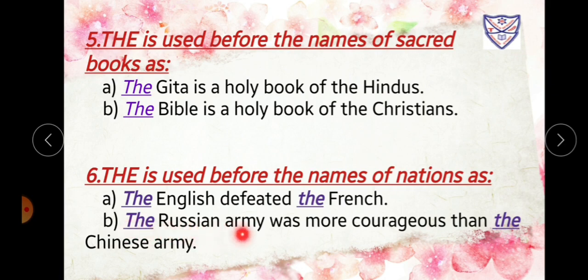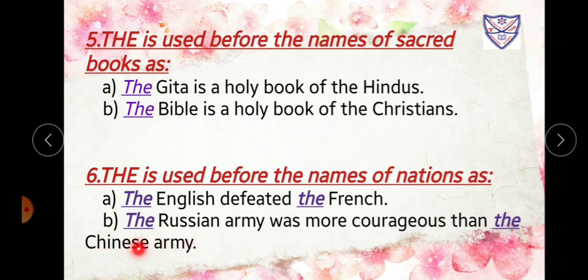Second one, the Russian army was more courageous than the Chinese army. Over here Russian army again stands for the name of the nation, or it specifies the name of the nation. So before this we will use an article, and that article is the.